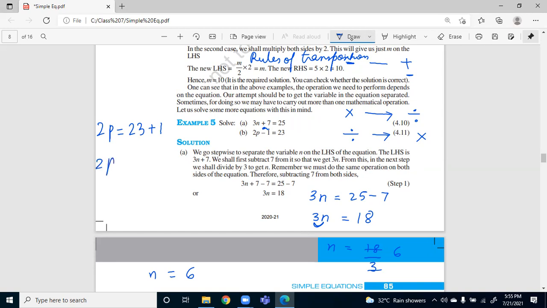So now if you add 23 plus 1, then it is 24. And this 2 is in multiplication. If it goes to another side, then it will be in division. So p comes out to be 12. Ma'am, done.